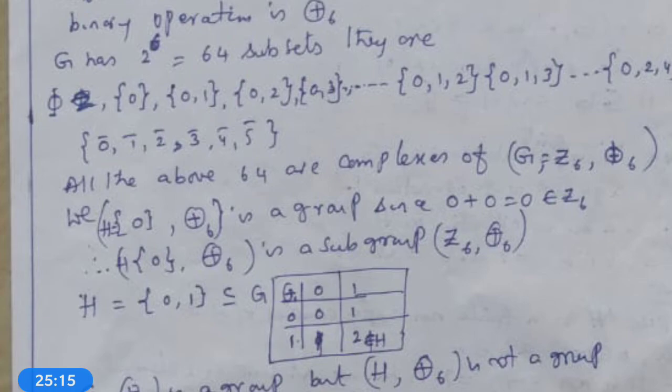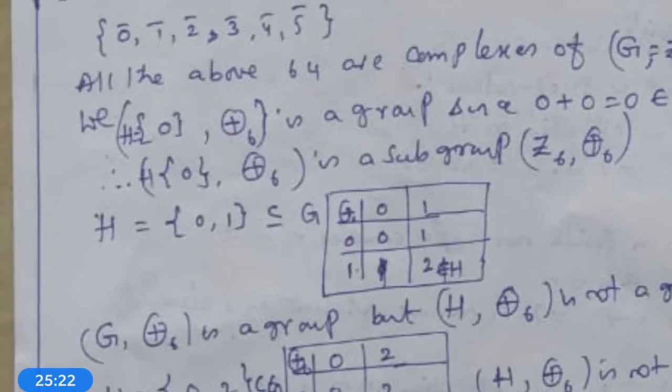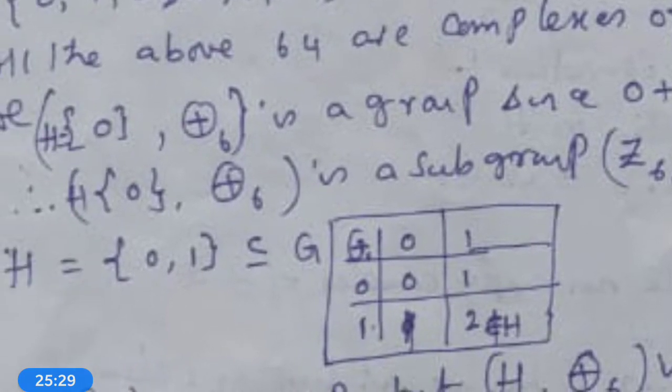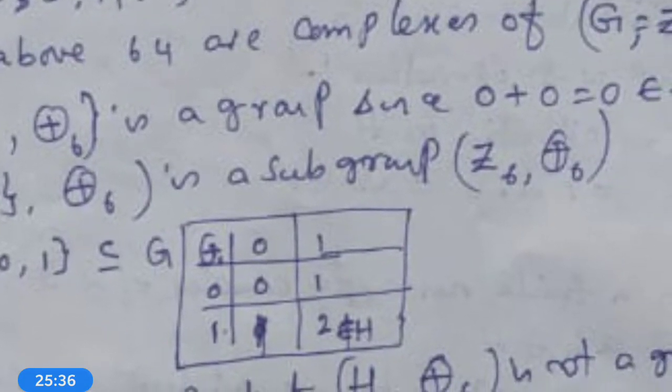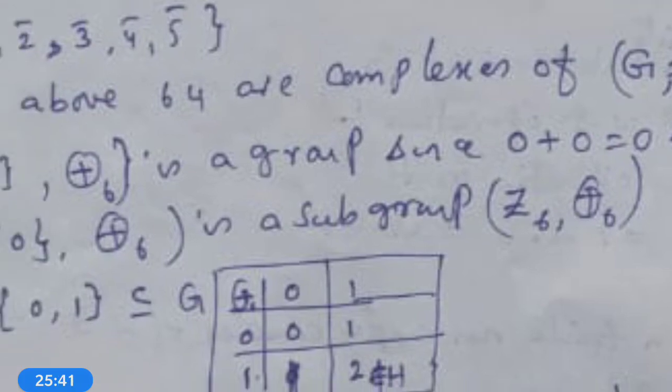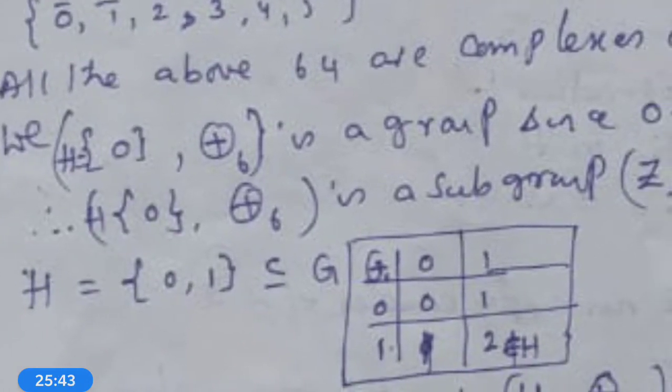Among the complexes, 1 is the empty complex. All the remaining are non-empty complexes. Now, let us check whether the singleton set {0} with ⊕6 is a subgroup of (G, ⊕6). That's why H = singleton set {0}.